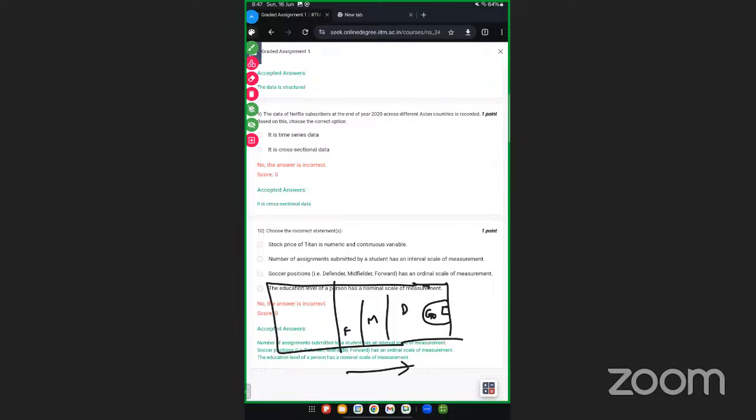I have no idea about the soccer positions. I have an idea that they are like this, but why can't they be? If you just Google the positions, the midfielder is in the center, the defender is center back, and the forward is in the forward. So it is actually going in order. Even though I don't know the meaning of them, I just Googled them.